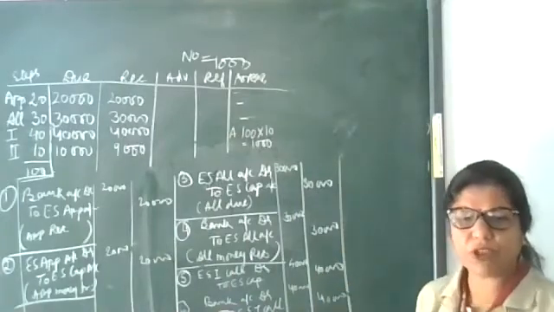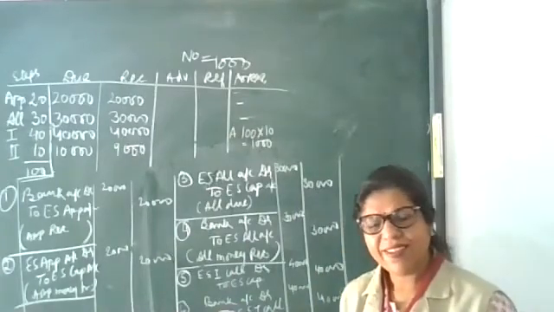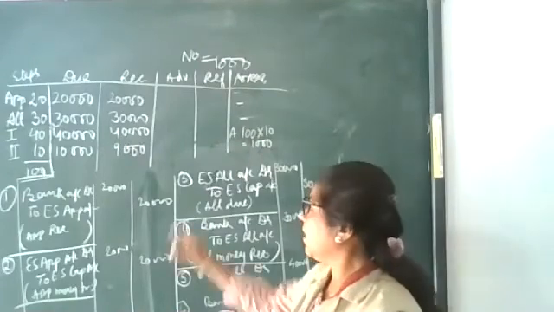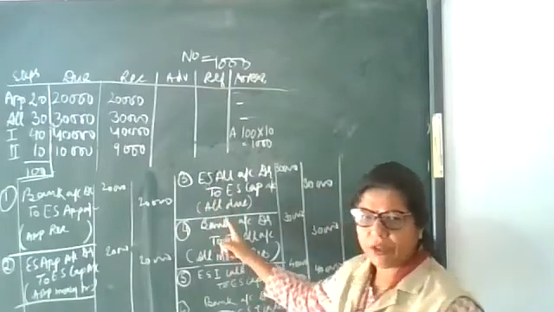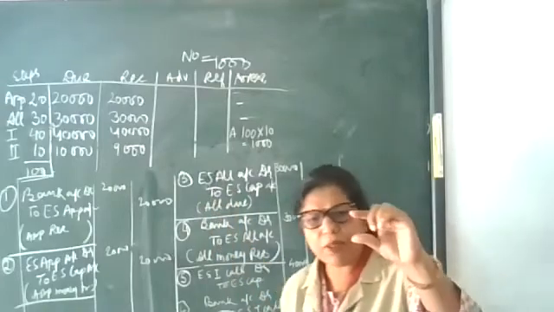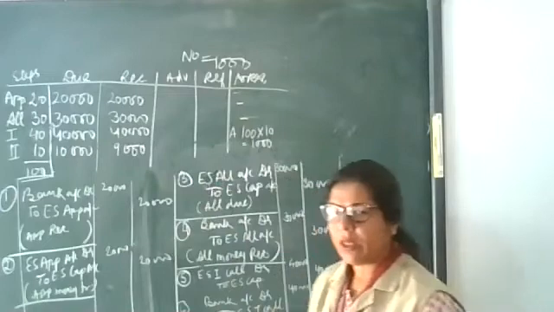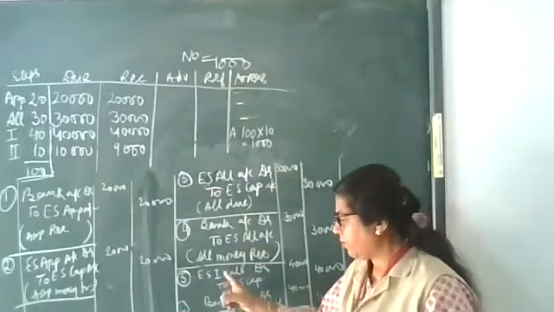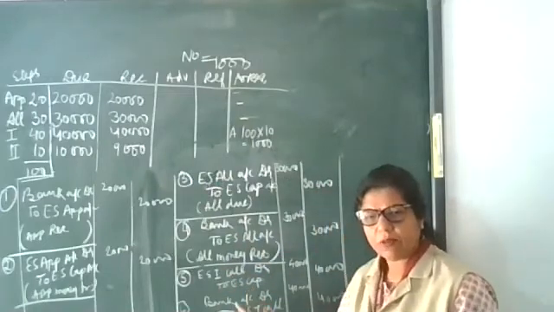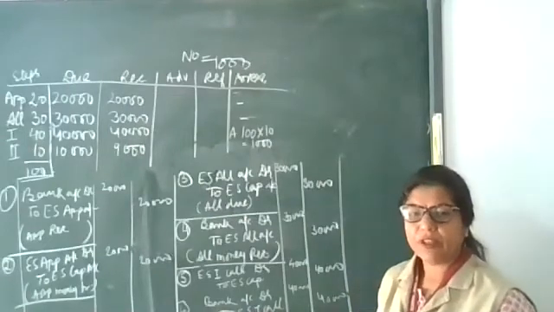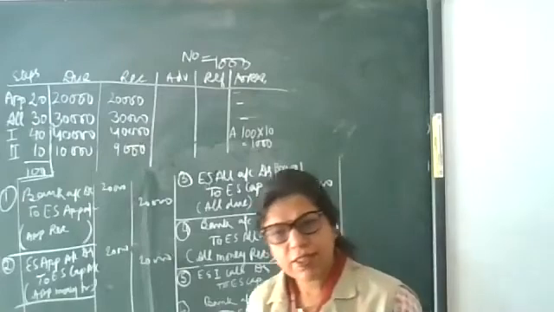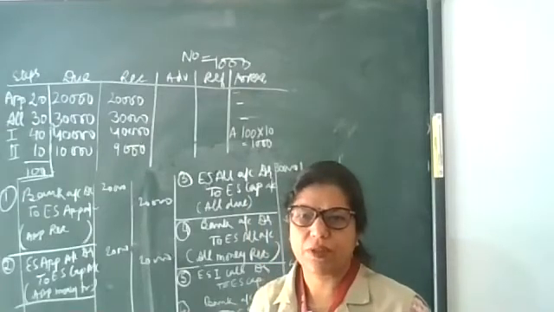I am sure you must be able to understand. Again, allotment to capital, bank to allotment. You can make the pairs, then it will be easy. Then the same for first call to capital, bank to first call.